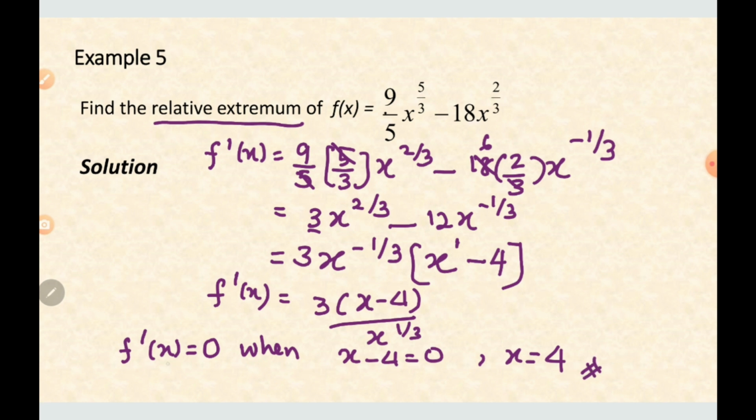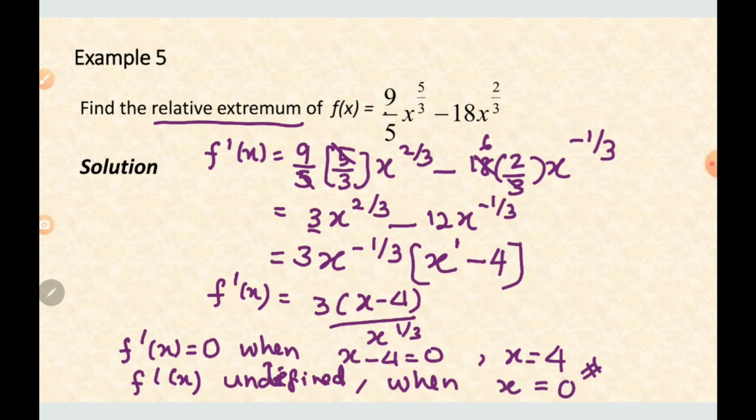Secondly, you need to find what is the value of x for f prime x undefined. f prime x is undefined when x equals 0, means the denominator here equals 0. So therefore we have these two values, called the critical numbers.